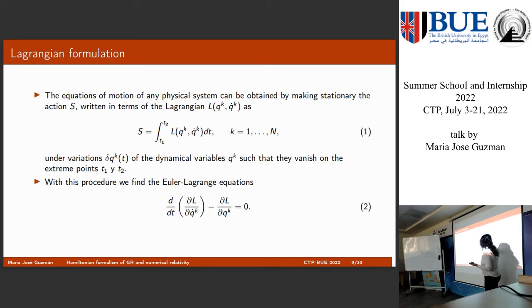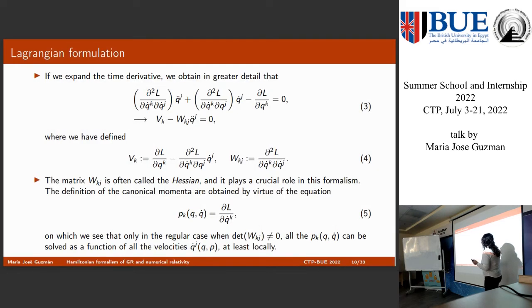Precisely from this kind of Lagrangian, we obtain equations that are second order in time. If we expand the Lagrange equations in greater detail, we find that indeed the equations of motion are second order in time, and this object that goes with the time derivative of the velocity is called the Hessian.